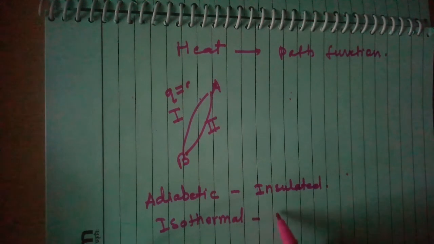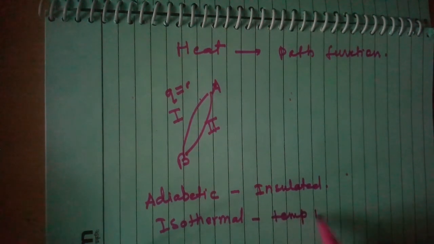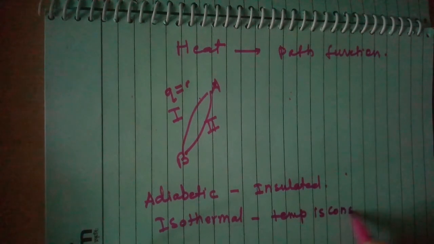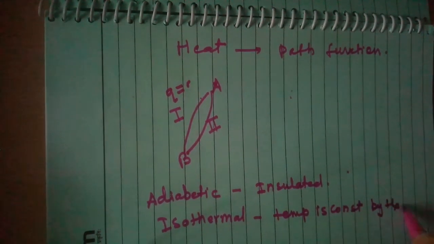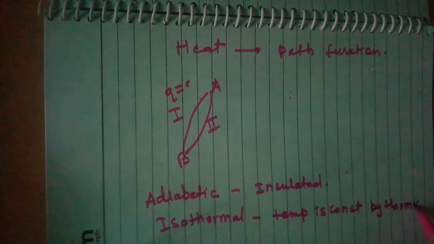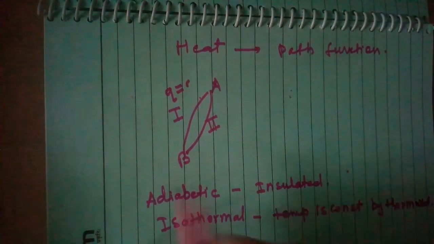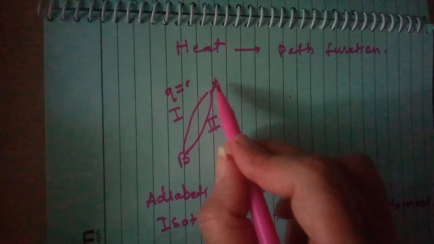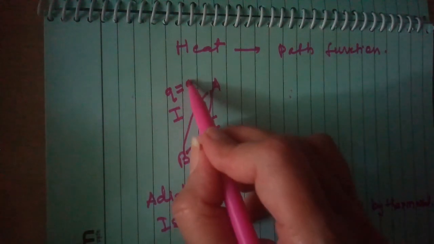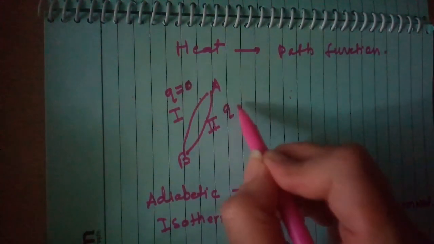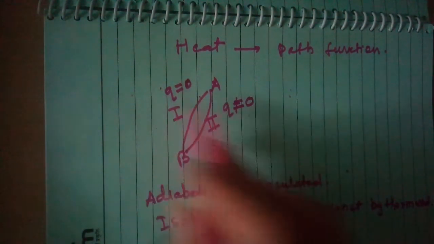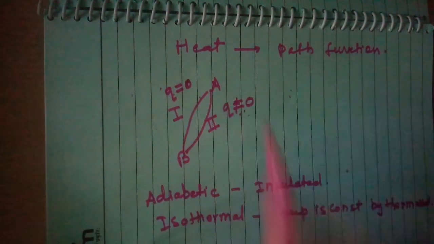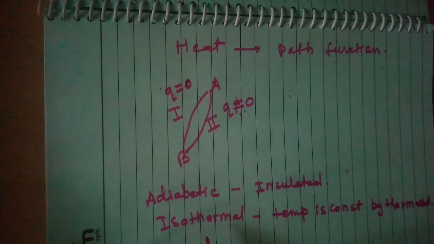And in an isothermal process there can be energy changes, but the temperature is kept constant by using a thermostat. So if you follow the change from A to B, there are two conditions, Q equal to 0 and Q not equal to 0.